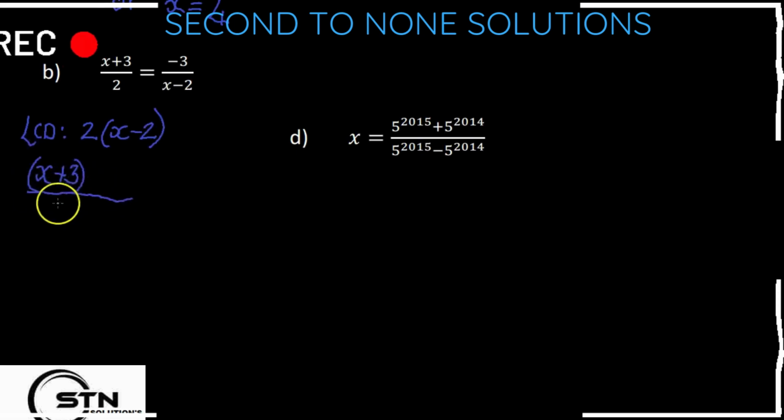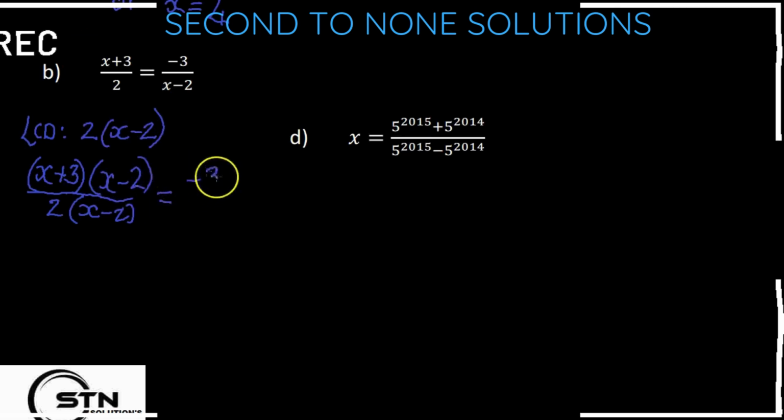So originally, I had a fraction of (x plus 3) over 2. Now I'm going to multiply both the bottom and the top by (x minus 2) to get to my LCD of 2 into brackets (x minus 2). On the other side, I've got minus 3 over (x minus 2).